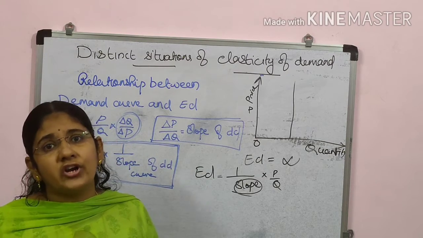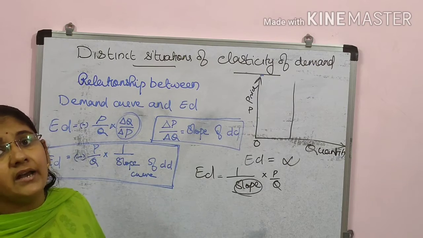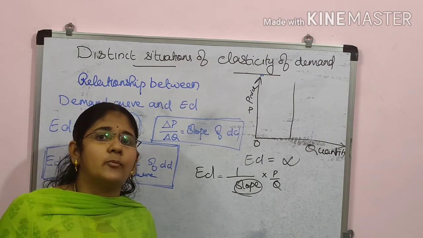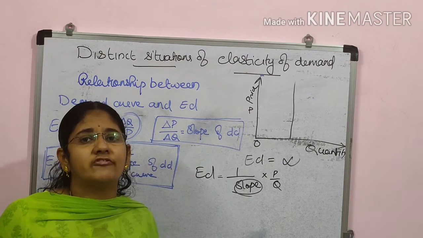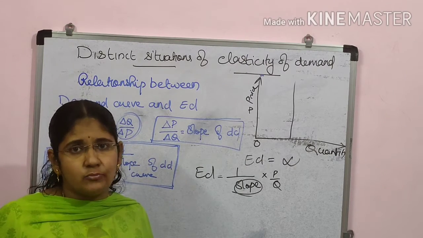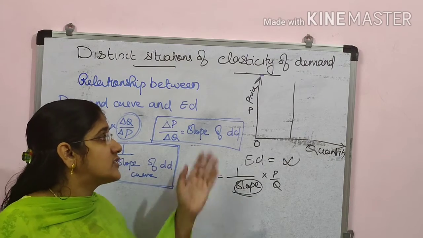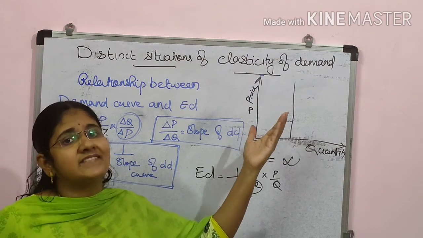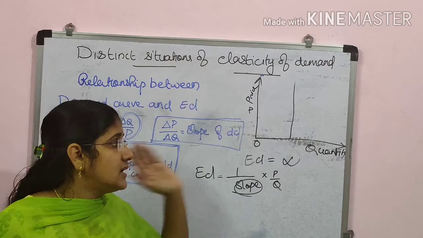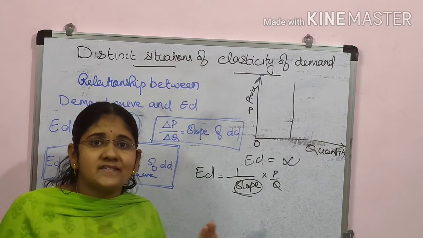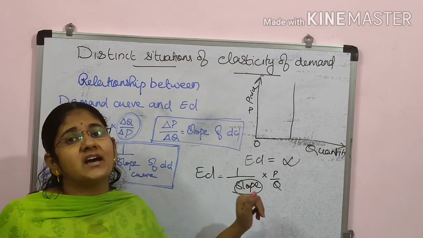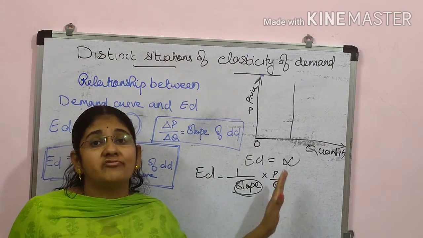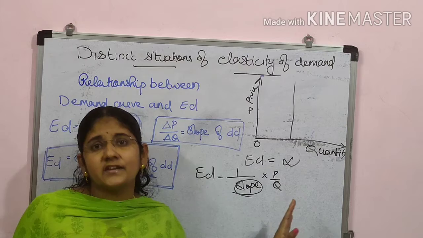We cannot avoid that particular commodity, so though the price is increasing, people demand the same amount they are consuming. So there is no change in the demand, and in this case we can say that the elasticity of demand will be 0.